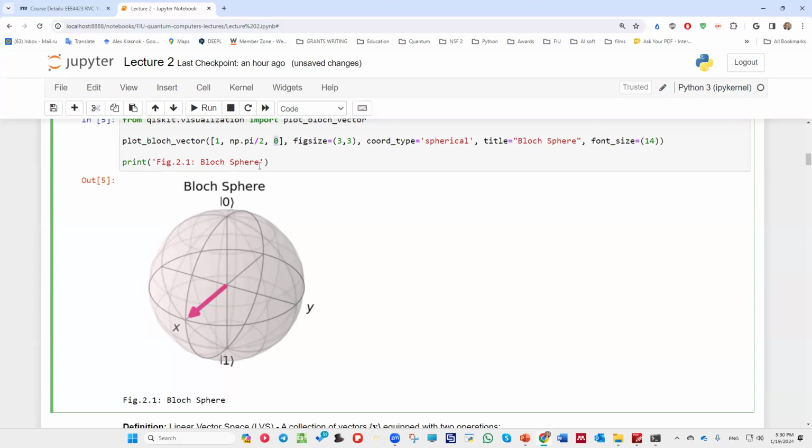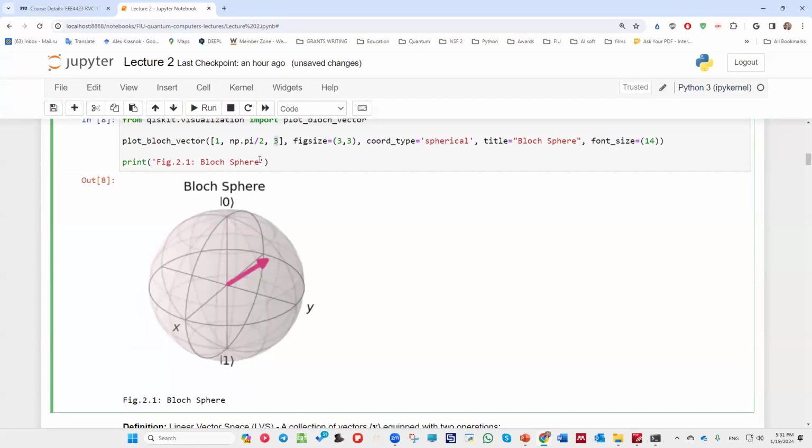Let's say my quantum system is in this state first, and then I study how the system evolves over time. For example, this angle phi might change over time, and this is represented by rotation of this arrow.